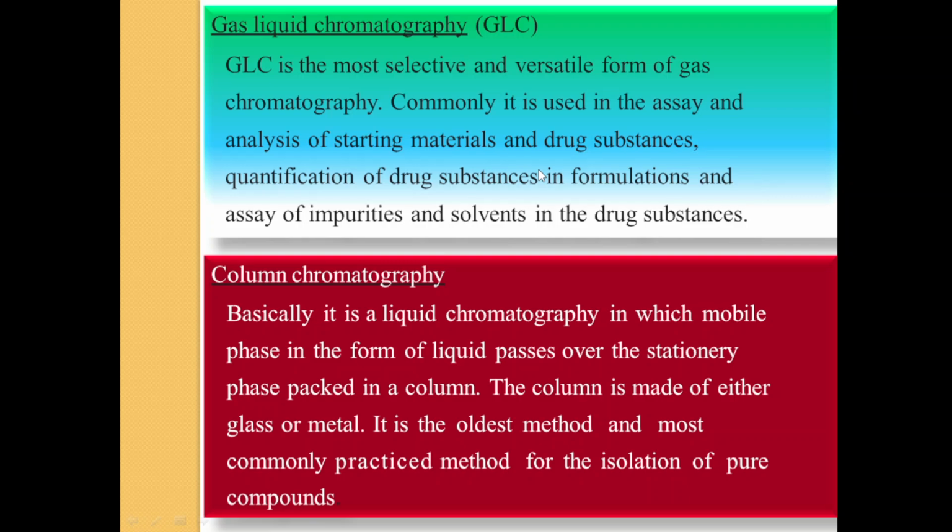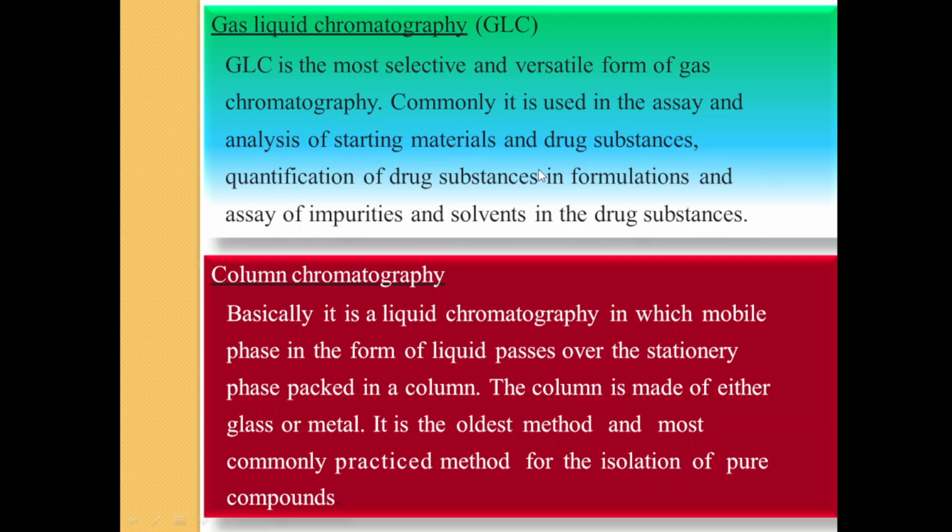After saturation of the column, add the extract from the top of the column. Those having lower affinity for the stationary phase as well as lower adsorption will move faster over the column, and they will come out from the tap below the column. Those having more affinity for the stationary phase and more adsorption will move slower on the column, and they will be retained longer.